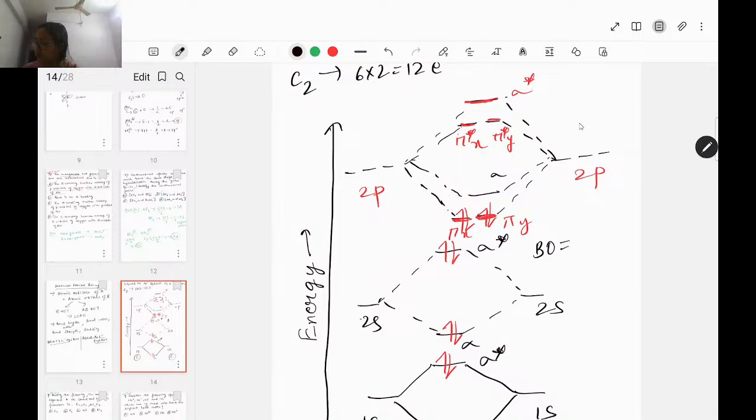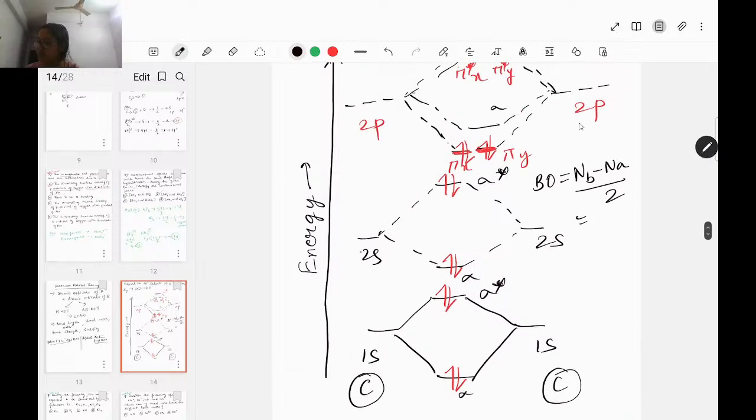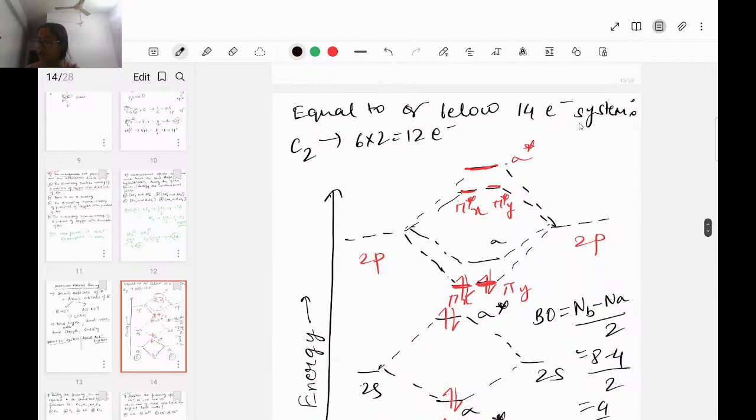Bond order is the number of bonding electrons minus the number of anti-bonding electrons, divided by 2. This is the formula for bond order. The number of bonding electrons is 8, minus 4 anti-bonding electrons, by 2, which is 4 by 2, which is 2. So this is clear to you that the bond order is 2 for this C2 molecule.